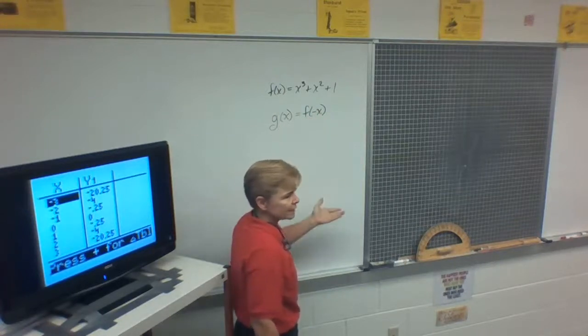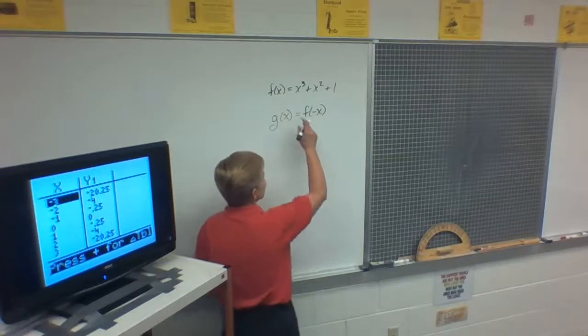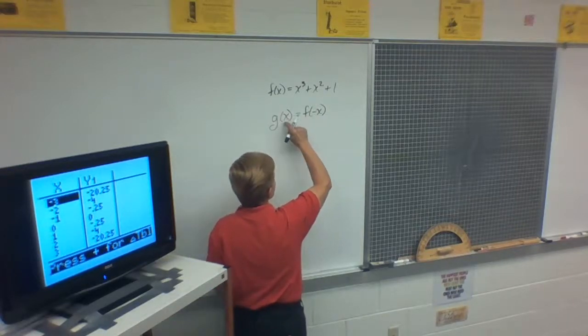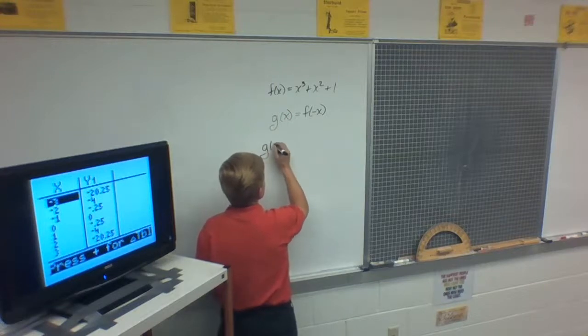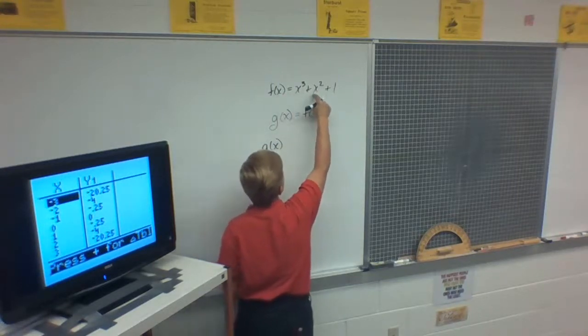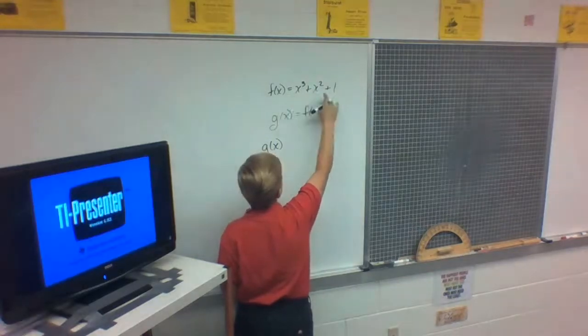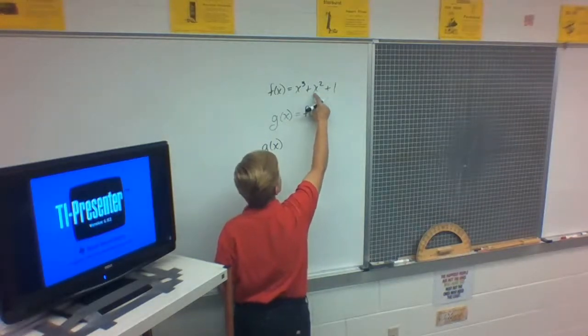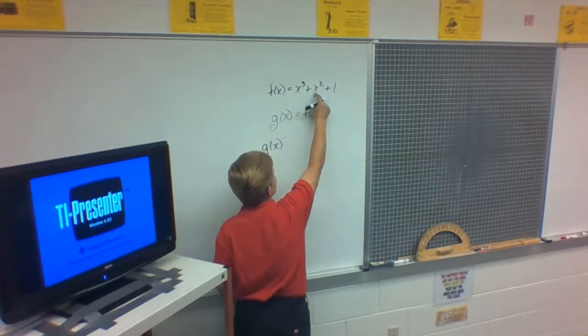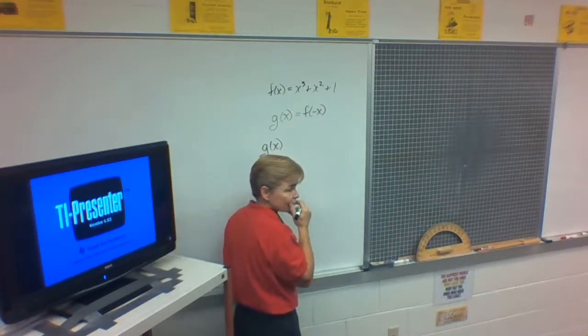But how do we write it? Well, got to remember your notation here. If we're going to rewrite g so that it is specific to f, it means that all of the x's that are in f, no matter where they occur, no matter how many there are, every one of these x's is going to become negative x, because whatever's in these parentheses replaces the x in the original. Does that make sense?